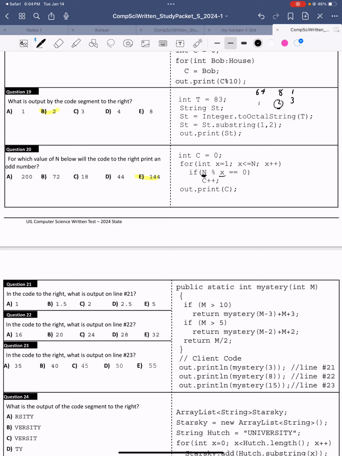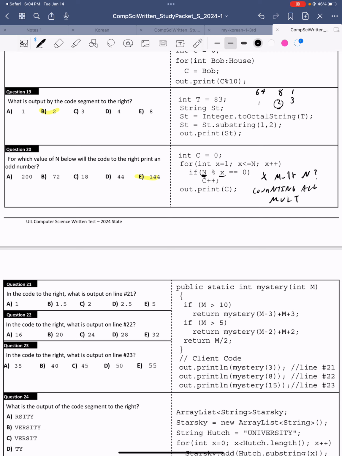Again, what is the question asking you? It's asking, okay, look, if n mod x equals 0, so is x a multiple of n? If it is, then we add 1 to the counter. So it's counting all multiples, right?